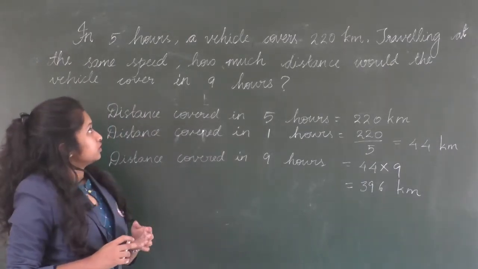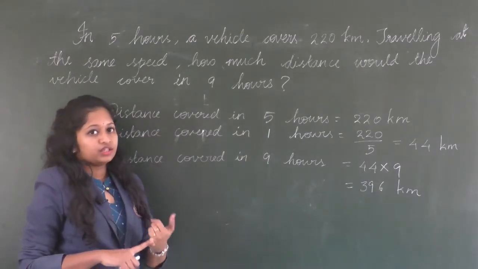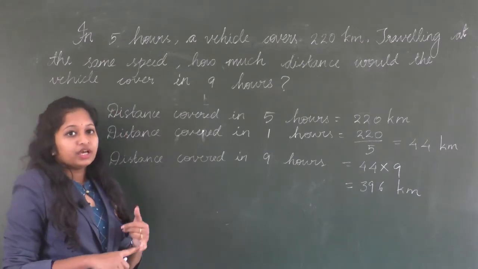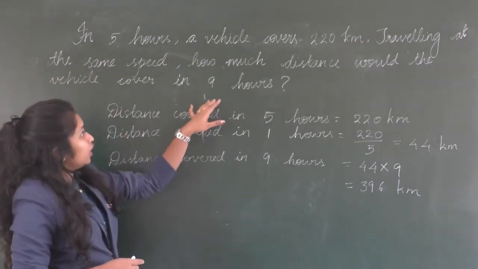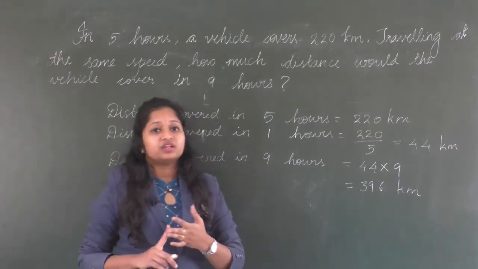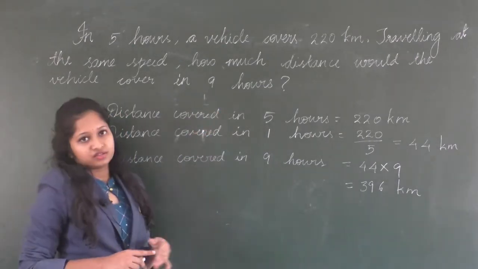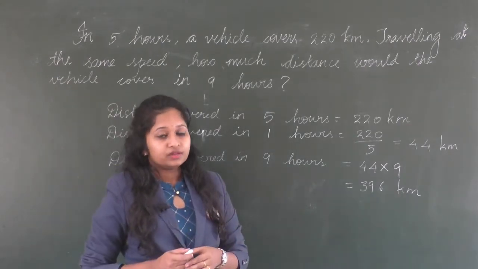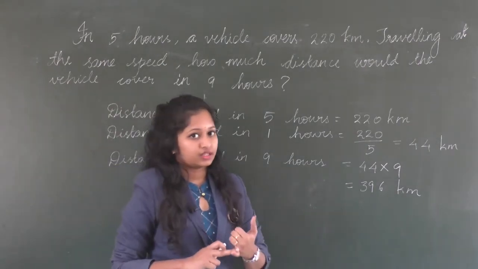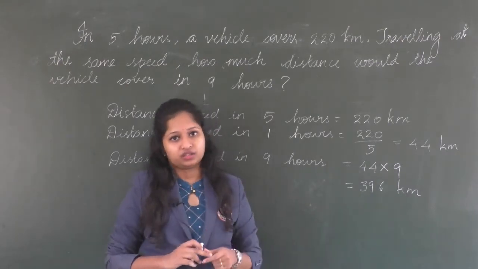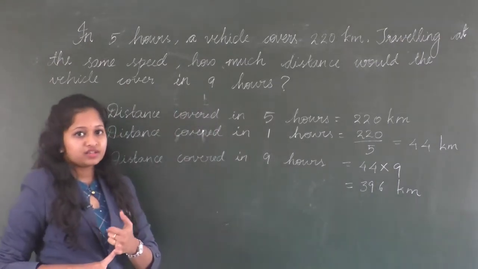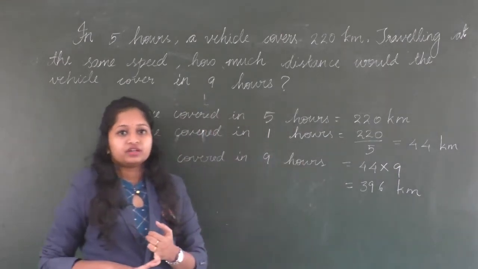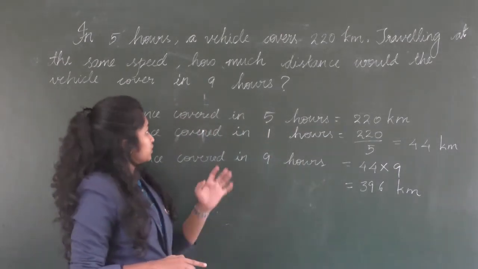So in 5 hours the vehicle can cover 220 km, and the question is to find how much distance the vehicle can cover in 9 hours. For this we should find how much distance the vehicle can cover in 1 hour. If we get that, we can easily find the distance covered in 9 hours.